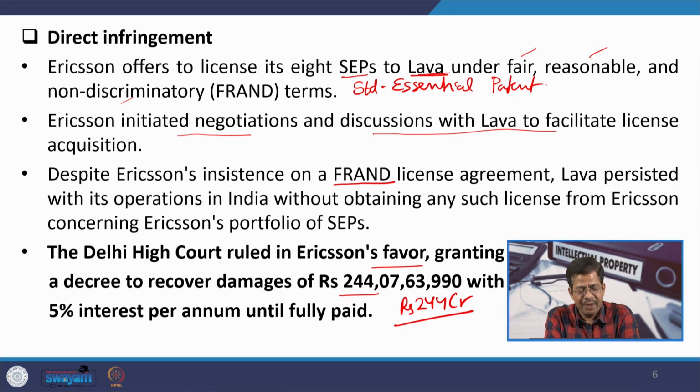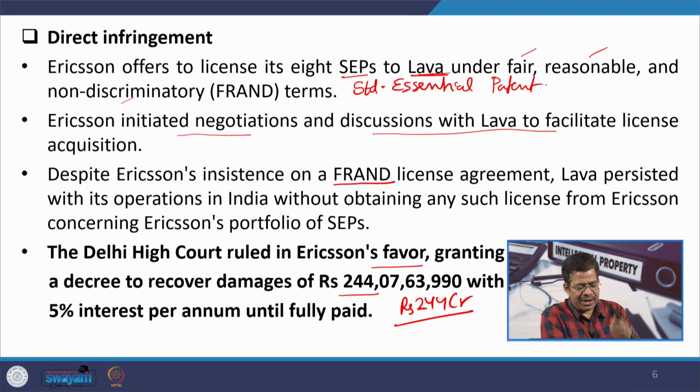And in this discussion also, when Ericsson was saying that 8 SEPs were used by Lava, Delhi High Court agreed that 7 SEPs were actually used by Lava, but one was not amounting to an SEP.